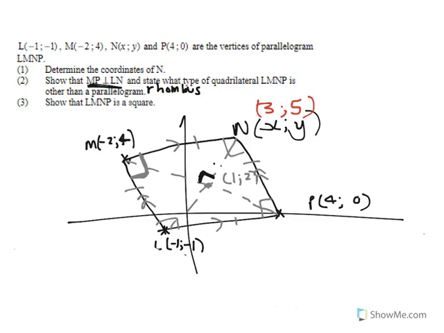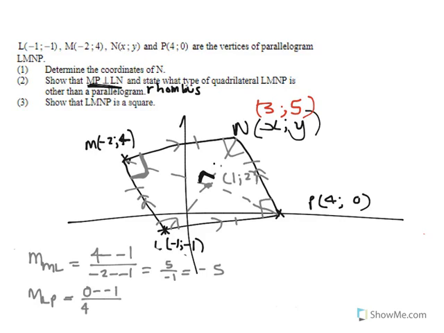So in order to do that, again, I'm going to use gradients. So I'm going to work out the gradient of the line ML, which is 4 minus minus 1 over minus 2 minus minus 1, which would be 5 over minus 1, which is negative 5. And then the gradient of LP is 0 minus minus 1 over 4 minus minus 1.